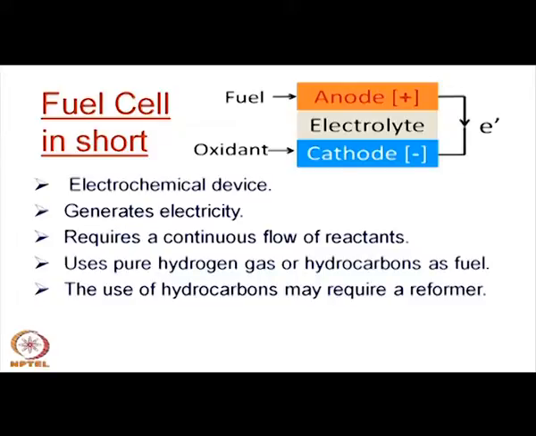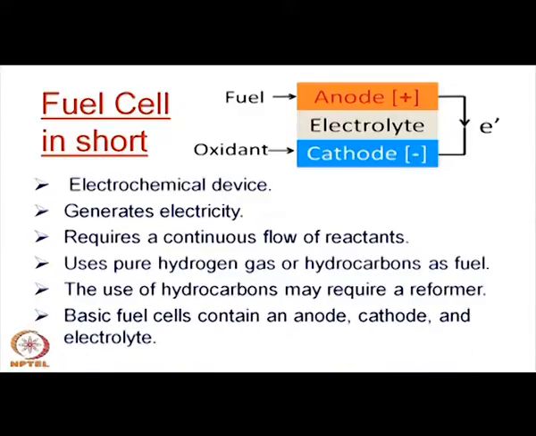So, that part is done by a device called reformer. Although hydrocarbons can be used in principle, ultimately it has to be converted into hydrogen for certain varieties of fuel cells, but in other varieties one can also use carbon monoxide.